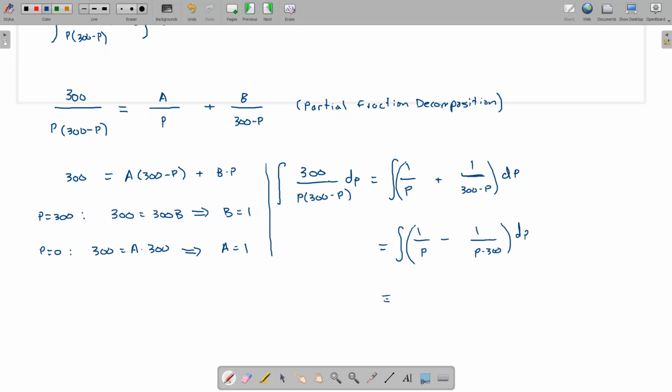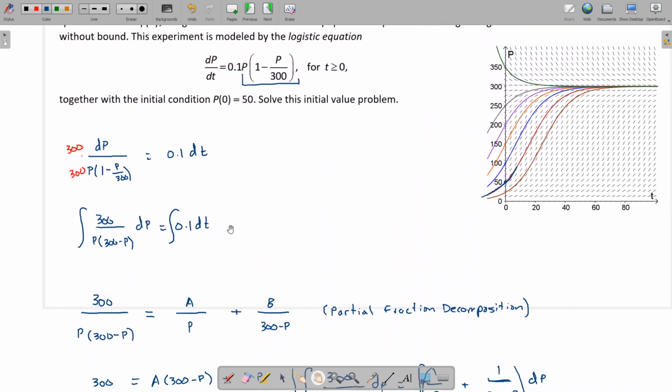Okay, so that antiderivative then, this one would be ln of the absolute value of p minus ln of the absolute value of p minus 300. Normally you'd have a plus c here, but remember, if we go all the way back up, the right-hand side was this thing.